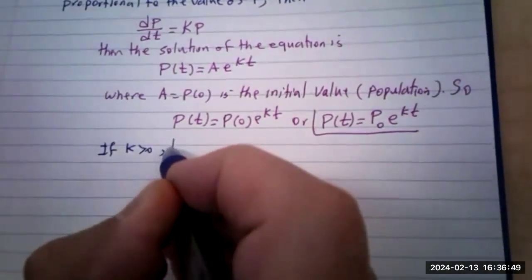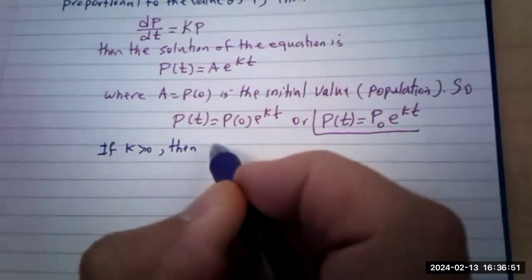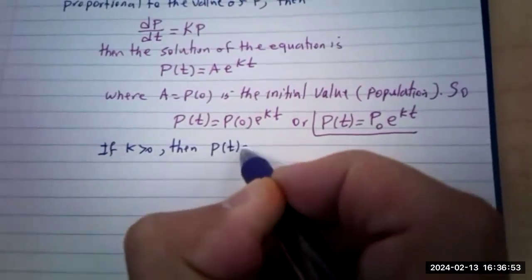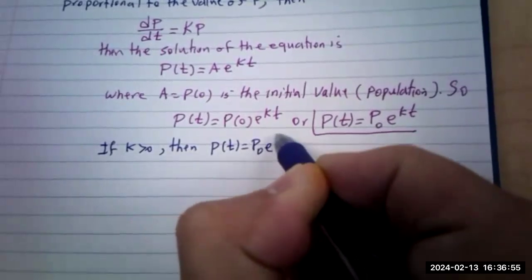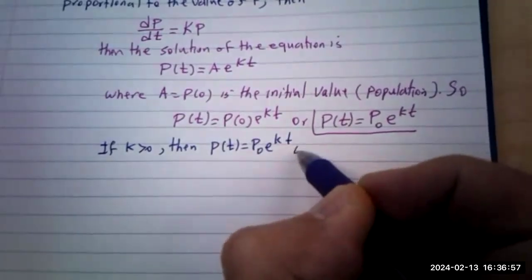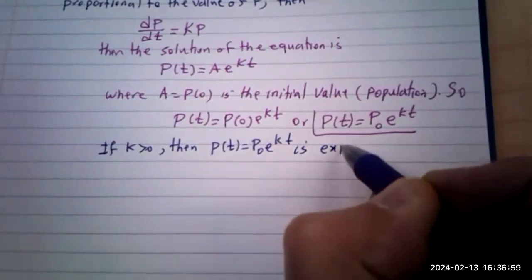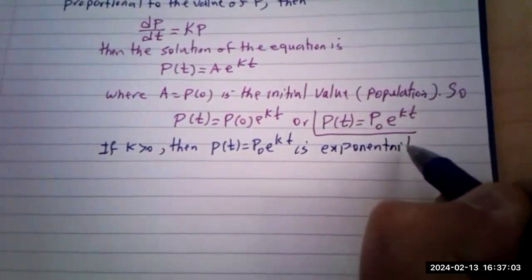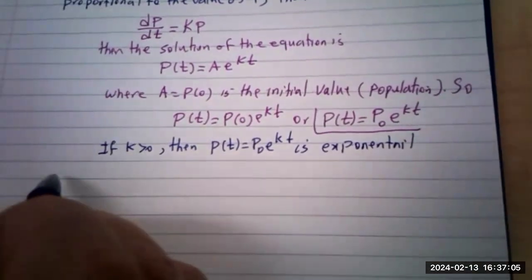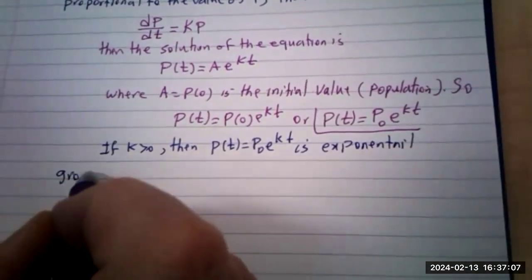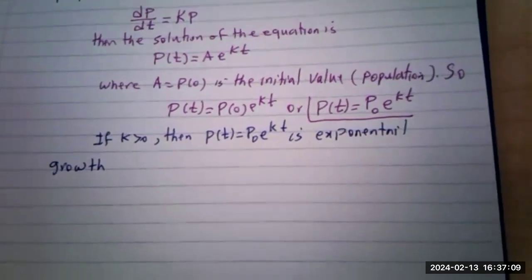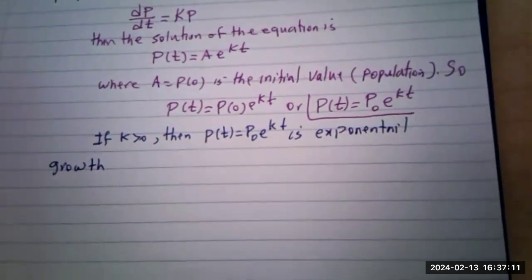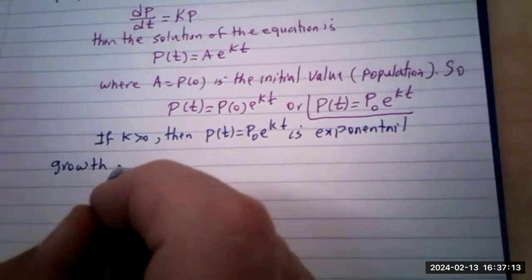Then P of t equal to P0 e to the kt is going to be exponential growth. Otherwise, it's going to be decay. That's the exponential growth model.